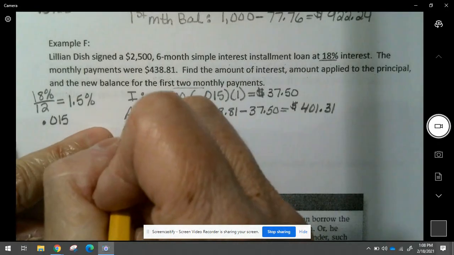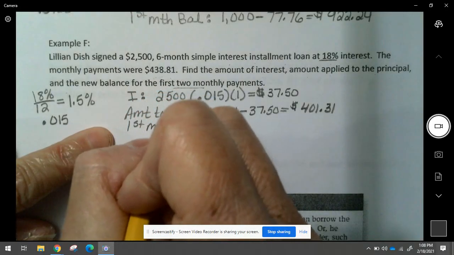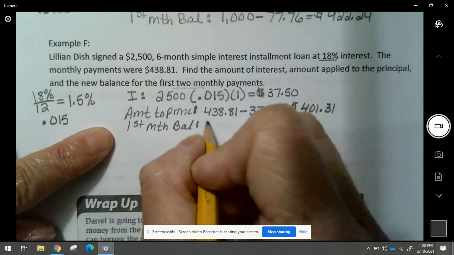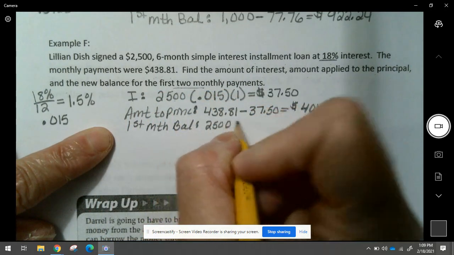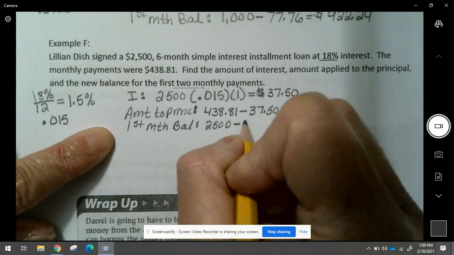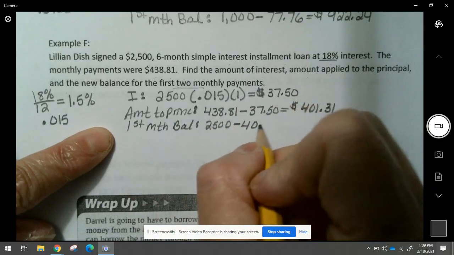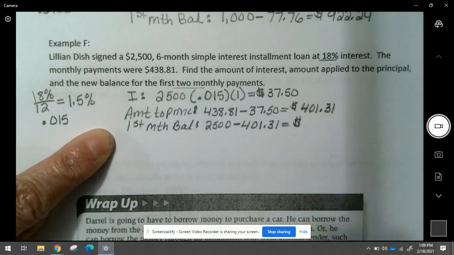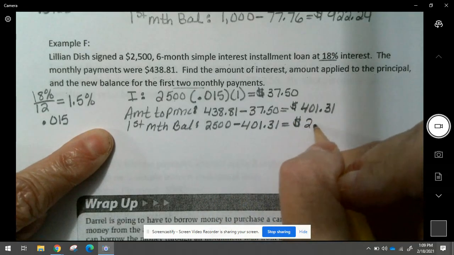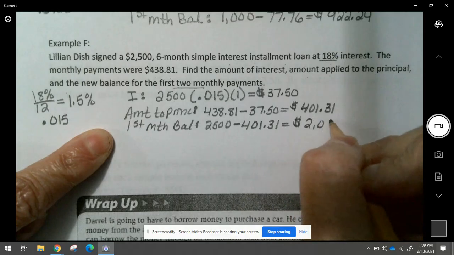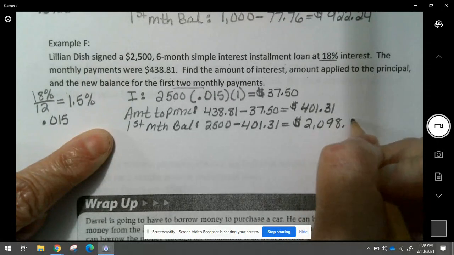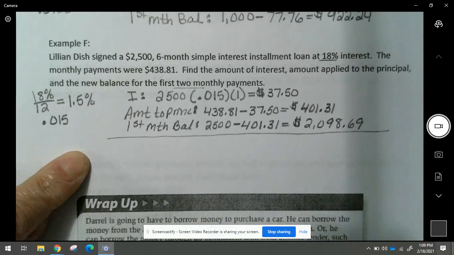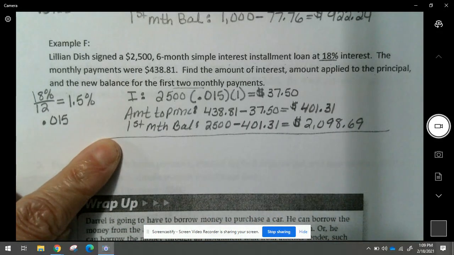Now I can calculate my first month balance. I start with $2,500. That was my beginning principal. And I subtract the amount to principal. We get $2,098.69 here. That's my ending balance for the first month.